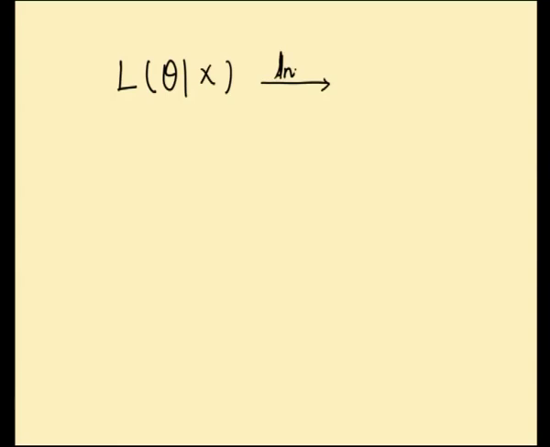So, we will take the logarithm and the symbol small l of theta given x will be followed in many texts. Sometimes it may be used interchangeably, but here we try to understand L of theta given x in the original form and small l of theta given x in the transformed form. The transformation will be the natural logarithm of the given function.